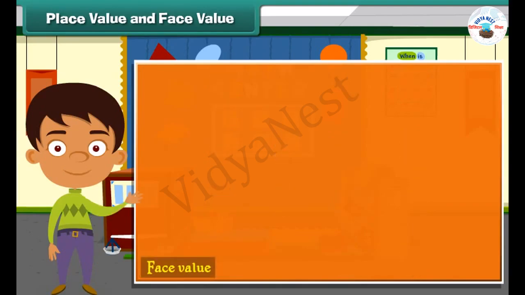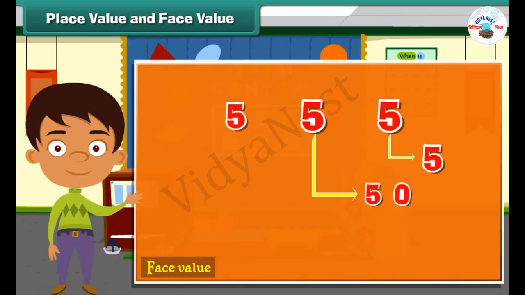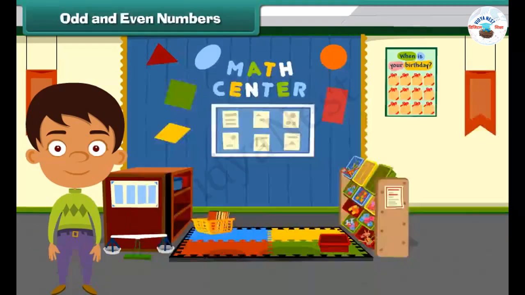Face value of a digit is the digit itself. The face value of the digit 5 in number 555 is 5 at each place, but the place value of 5 is different at each place. Moving from left to right, the values of the three 5s in 555 are 500, 50 and 5.